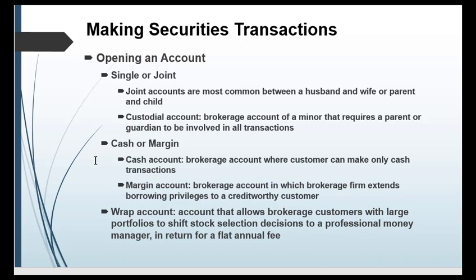Again, obviously, husbands and wives typically will have joint accounts. Custodial accounts are important if there is a minor involved, so that the parent or a guardian will have control over the minor's account. And of course, you can have a cash or a margin account.